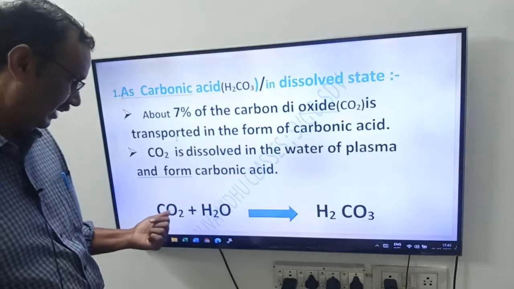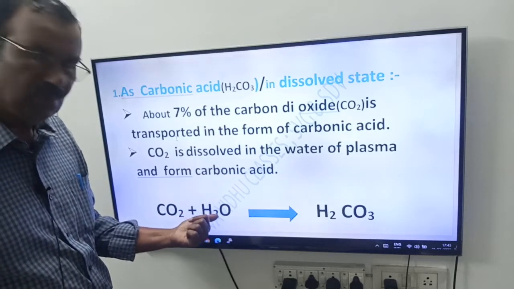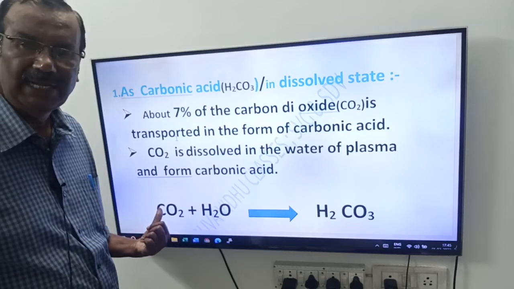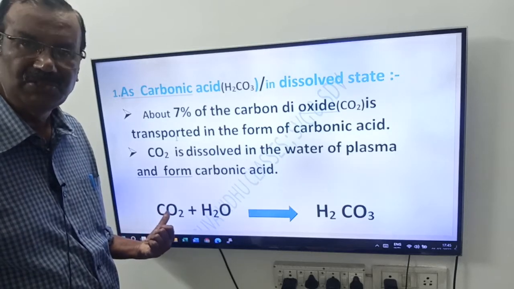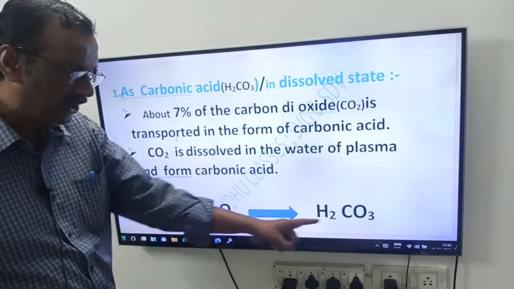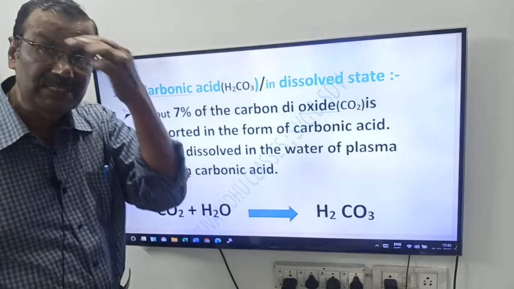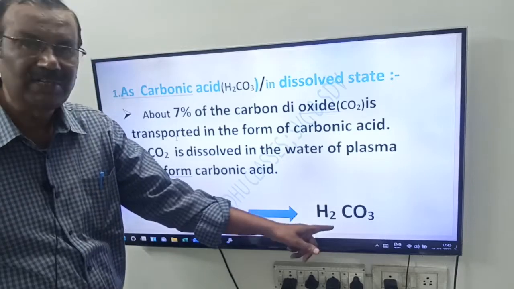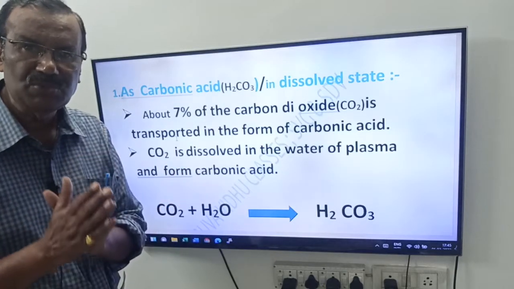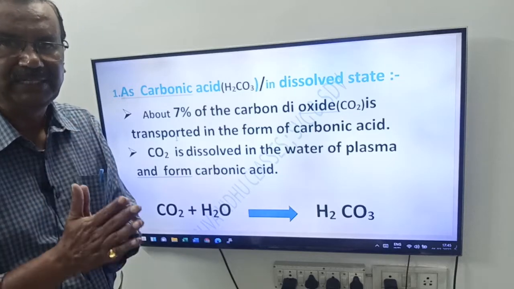Here, carbon dioxide plus H2O. What is H2O? This is the water of plasma. Carbon dioxide ఎక్కడ నుంచి వచ్చింది ఫ్రెండ్స్ మనకి? సెల్స్ నుంచి. This carbon dioxide dissolved in the water of the plasma and forms H2CO3. This is carbonic acid. CO2 plus H2O gives rise to H2CO3.